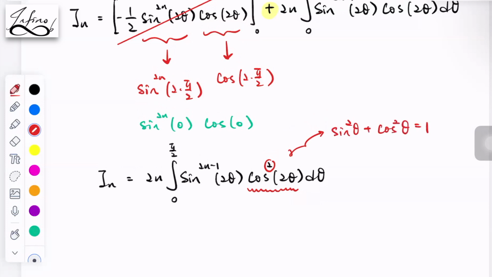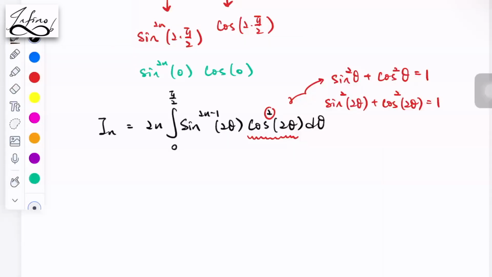Then, of course, in this case, we have to substitute the theta as 2 theta. So sine square 2 theta plus cosine square 2 theta is 1. Then let's do some transformation. So the In will be 2n integration from 0 to pi over 2, and then sine 2n minus 1, 2 theta.